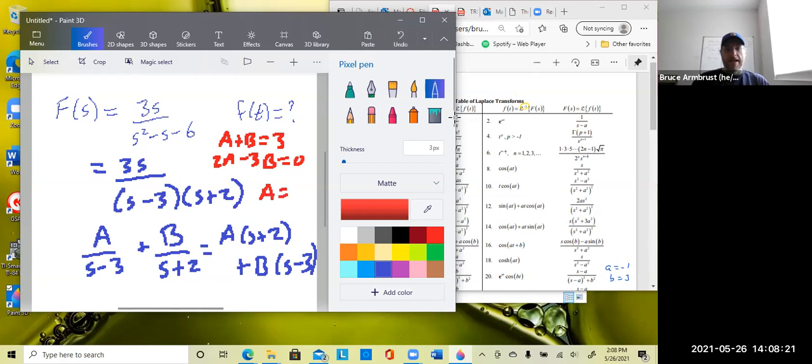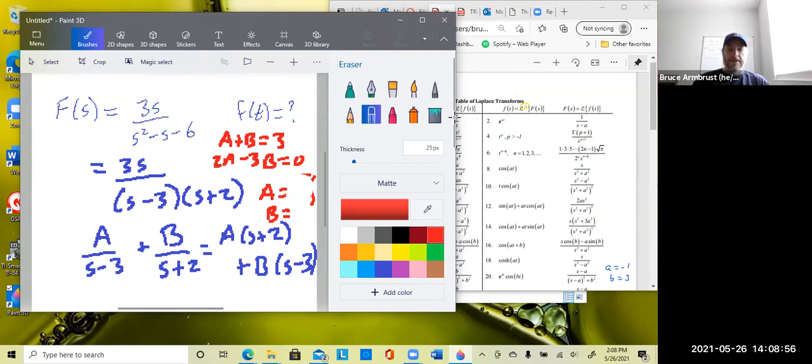I believe that you get a equals 5/3 and b equals, oh no, that's not right, 5/9. Erase that. So a equals 5/9. And then that makes b equal, no, that's not right either. 9/5.